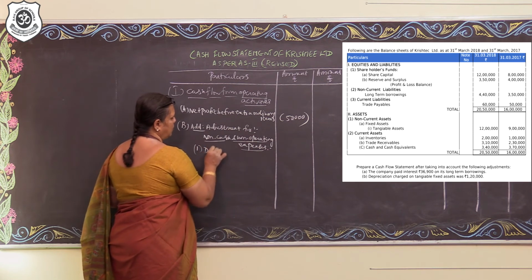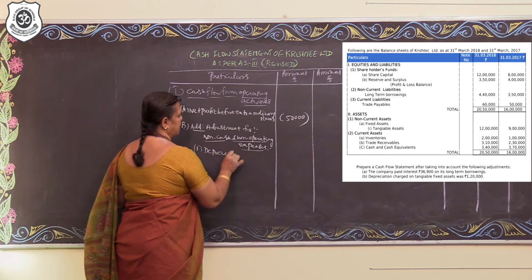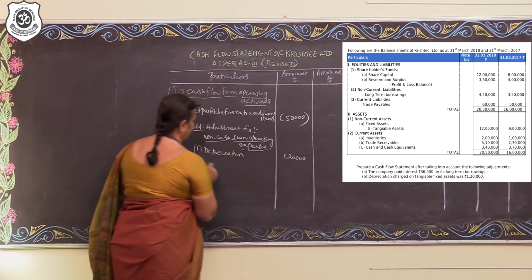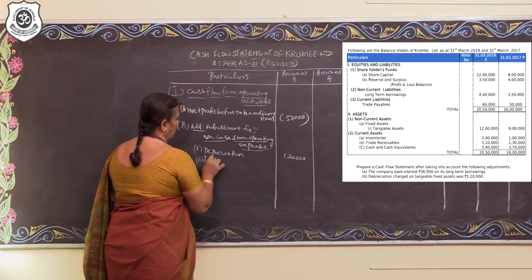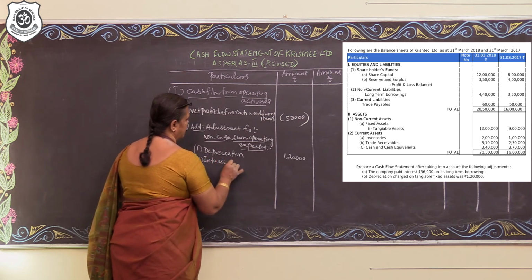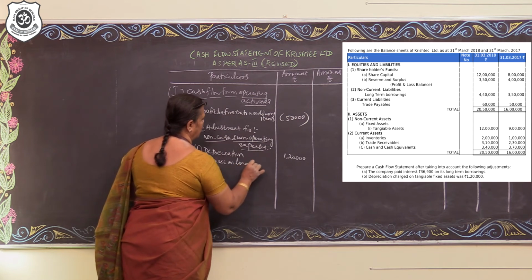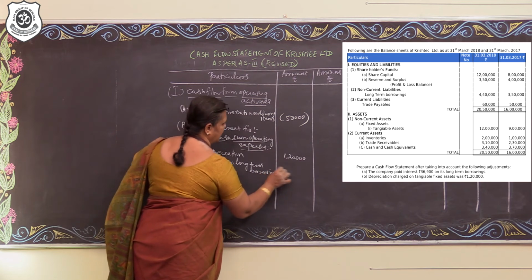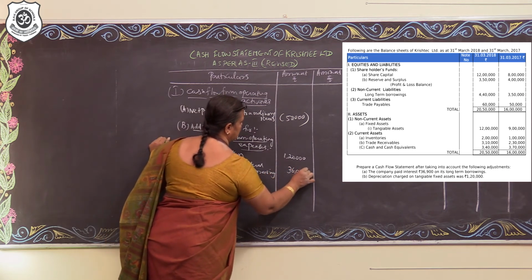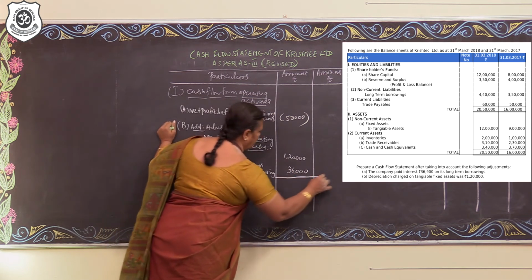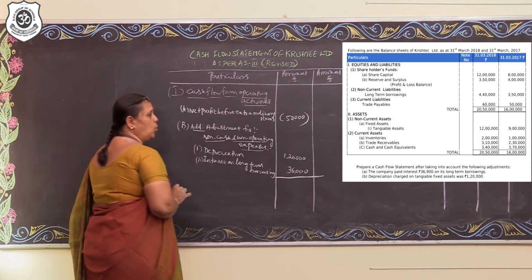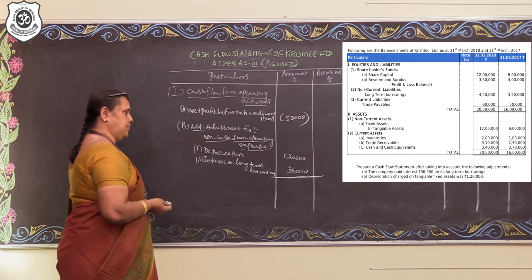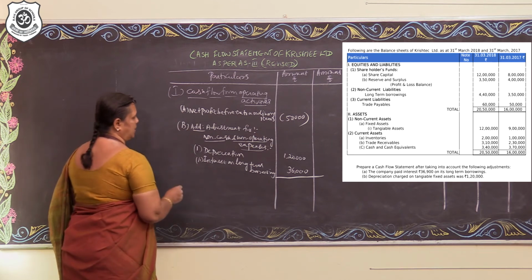In that we have depreciation 1,20,000. Number 2, interest on long-term borrowing, which is given in the question 36,000. So, there is no non-operating income. Therefore, we have no other item to subtract.